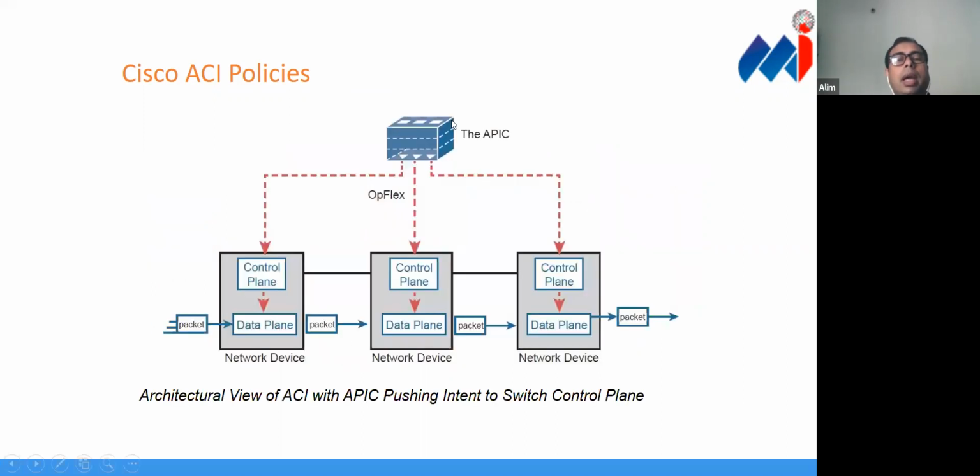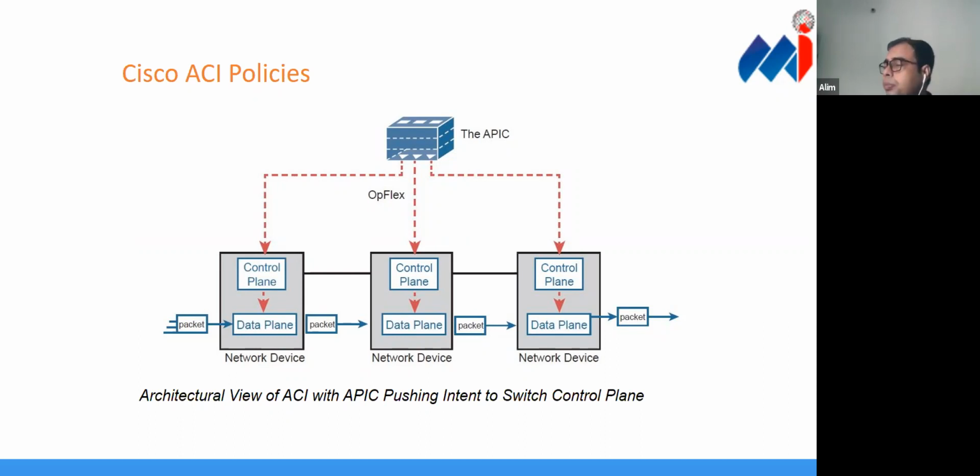And then how can we control this? At the top of this figure, you are seeing the application programming interface controller. At the bottom, you are seeing the network devices, 3 network devices for example, and each network device has a control plane and data plane.